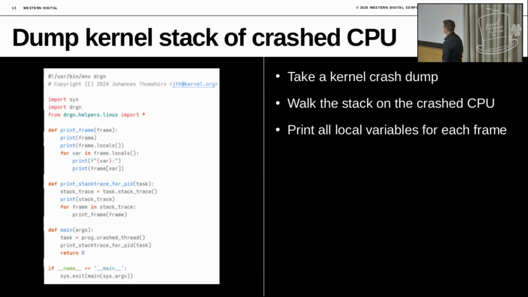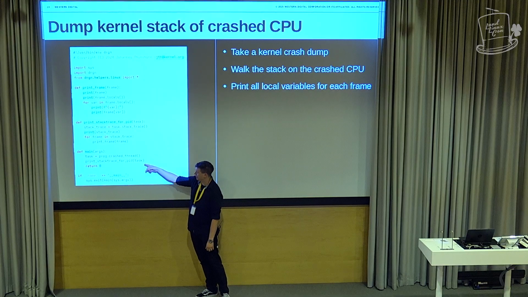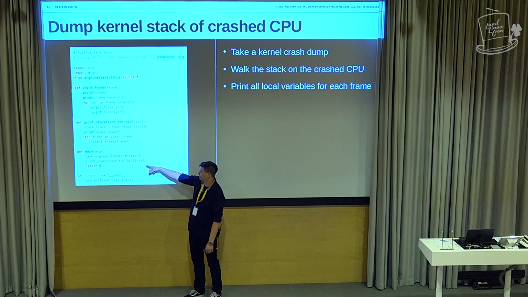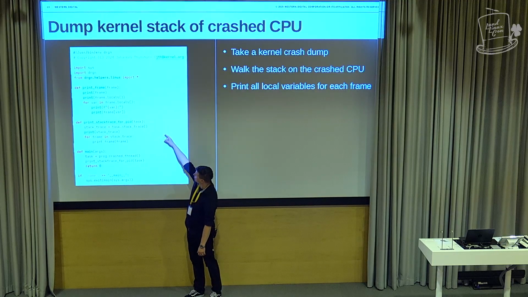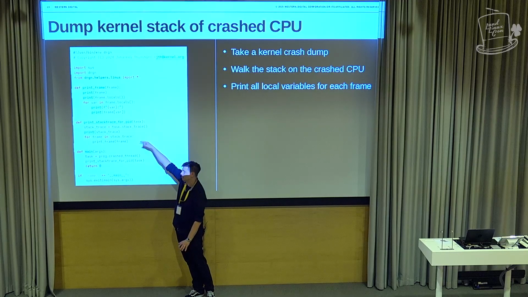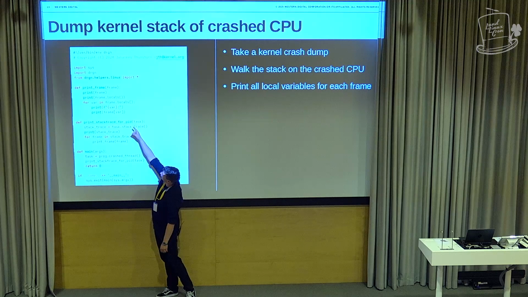So then, some of my scripts that I usually use, it's basically the same. So sorry, my Python is not good. I'm just very hackish Python. But you get the crashed CPU, the crashed thread, and then for this task, for the crash kernel, on that CPU, you walk the PID list and grab the stack trace, then print the stack trace, and then walk the frames, for each frame, and print the local variables.